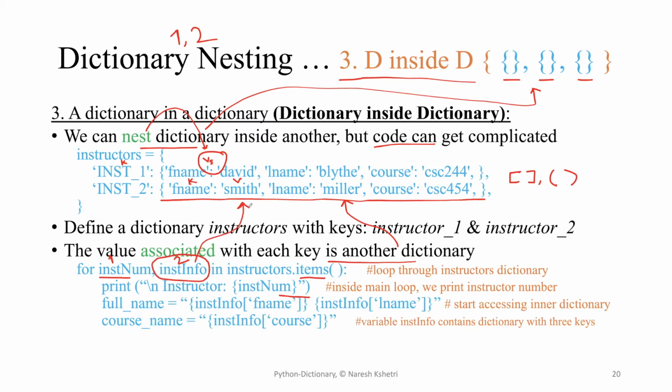With the help of the instructor info, we start accessing the inner dictionary, and then we can combine what we have accessed as a full name from the first name and last name, and the course name. It will be clearer after you see the program, but for now just understand that we have nested the dictionary, and inside one dictionary we have used another dictionary, which is a powerful data type, dictionary nesting in Python.